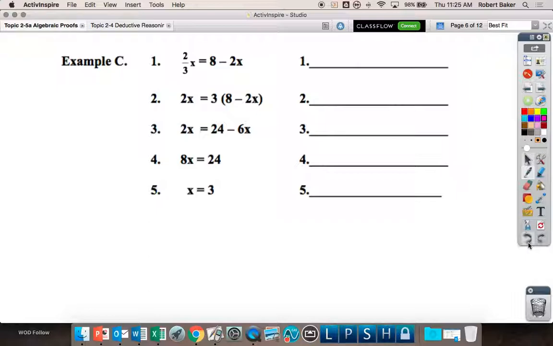Why is statement number 1 true? Given. Now, is anybody a little confused about why statement number 2 is true? No? Multiplication.